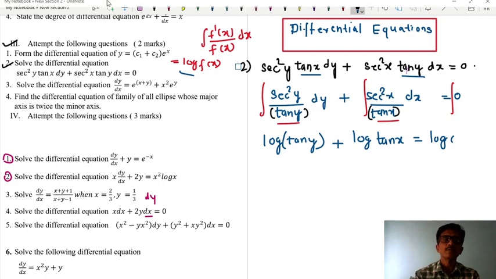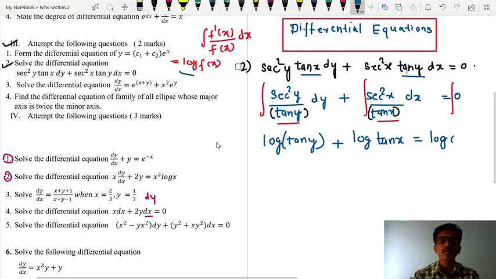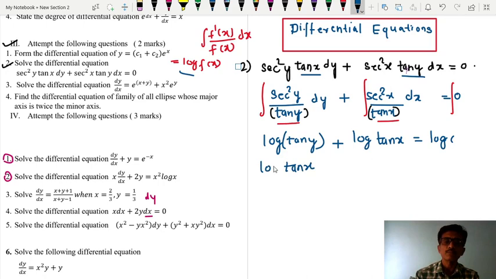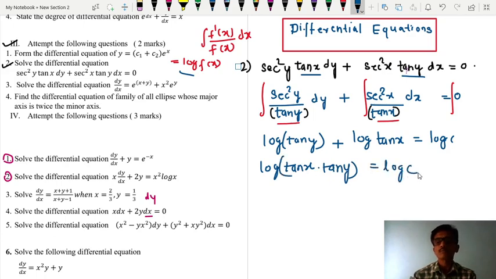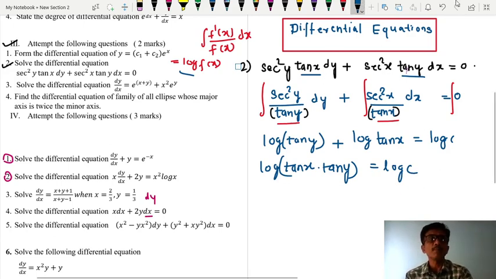Now this will be log of tan x into tan y, since log m plus log n is log of m into n. So log of tan x into tan y is equal to log of c. Then log of m is equal to log of n implies m is equal to n.